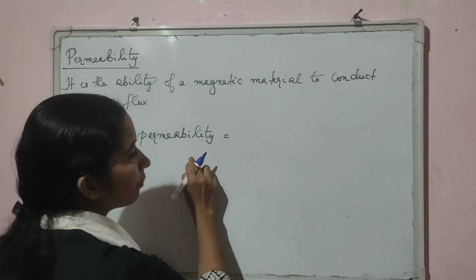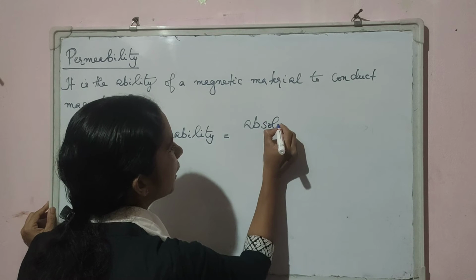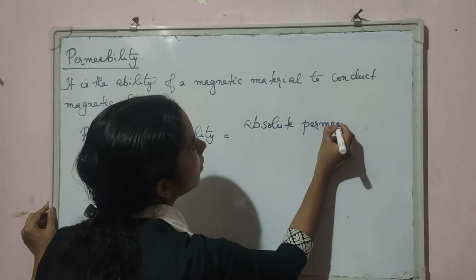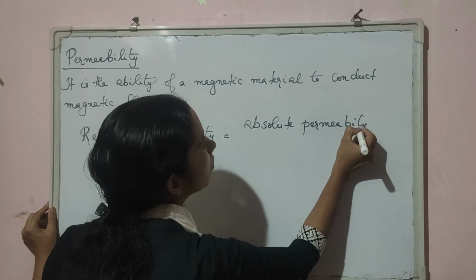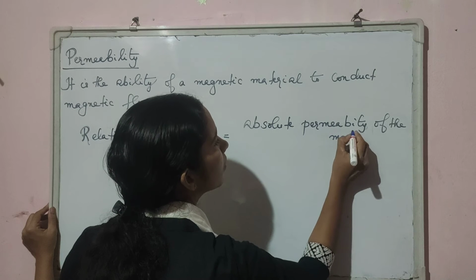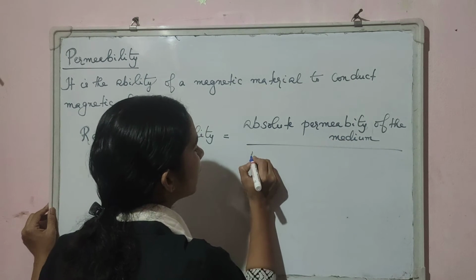So relative permeability is the ratio of absolute permeability of the medium to the permeability of free space.